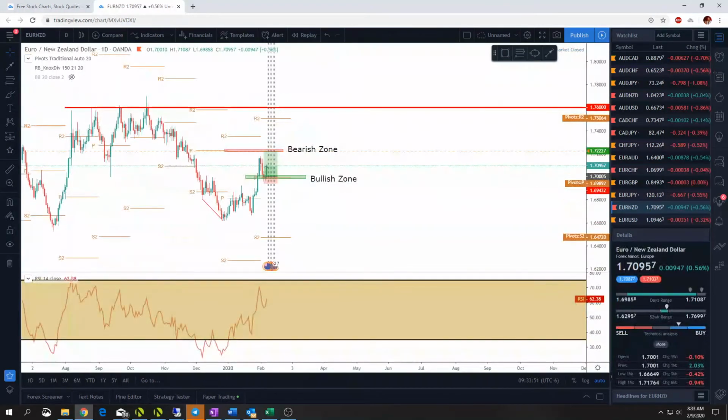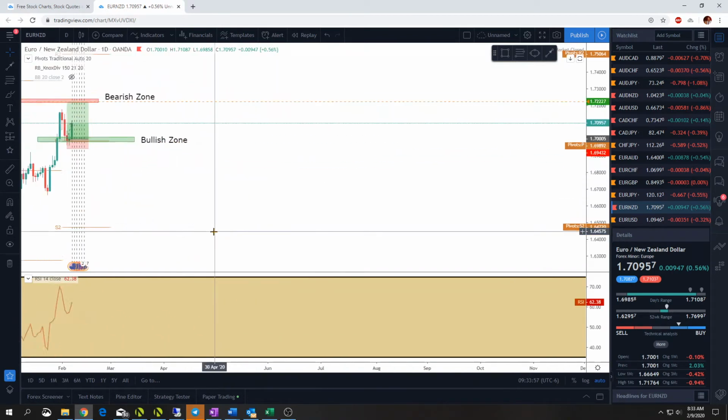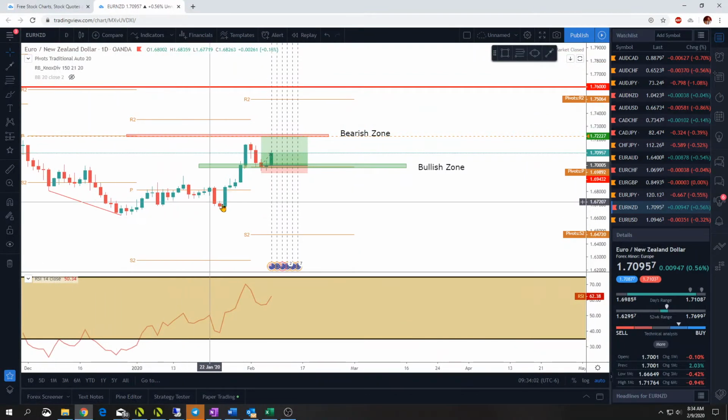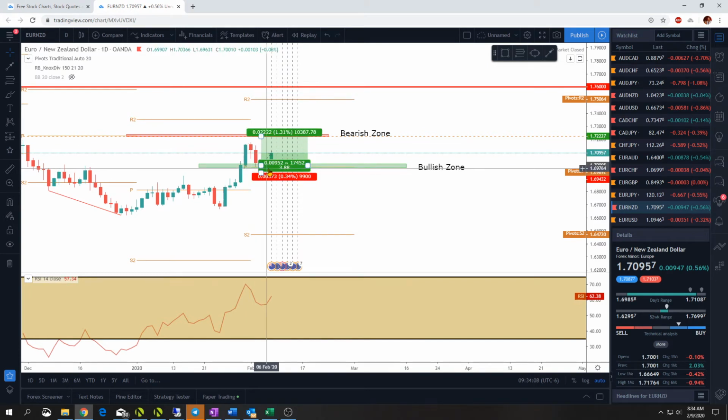Euro NZD. So we're in a buy trade on this, and looks like we hit that perfect, and I'll show you guys why. We had divergence, price climbed, price shot past the pivot, came back to the pivot last week, and it's going to continue its trend.